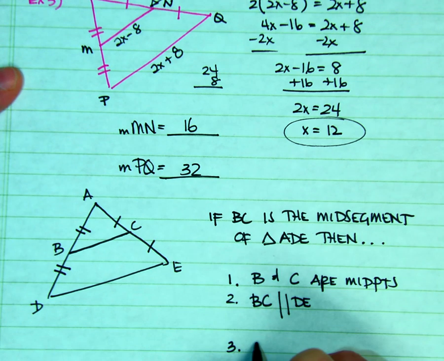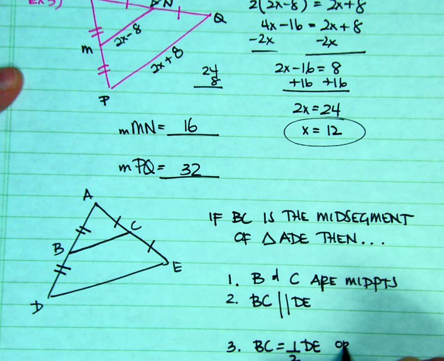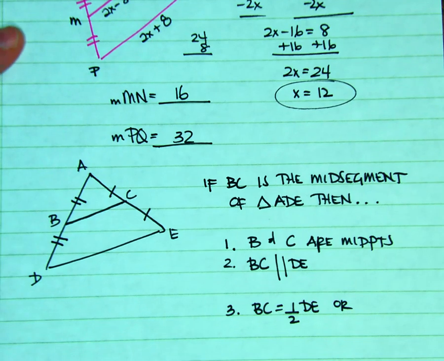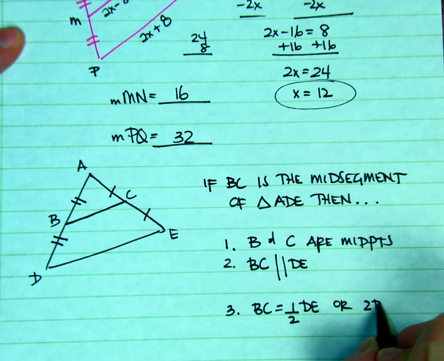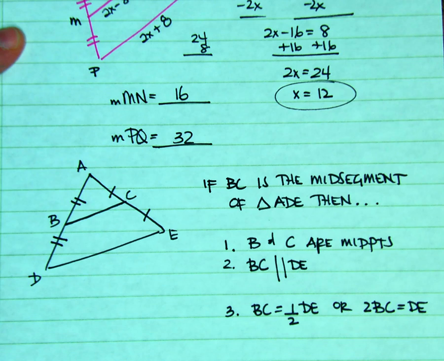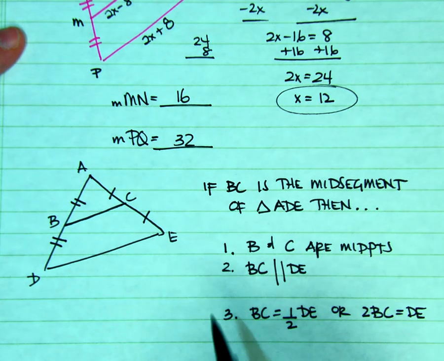And 3, either BC equals half the length of DE, or you can think of it as 2 BCs equals the length of DE. So these are all the properties of midsegments.